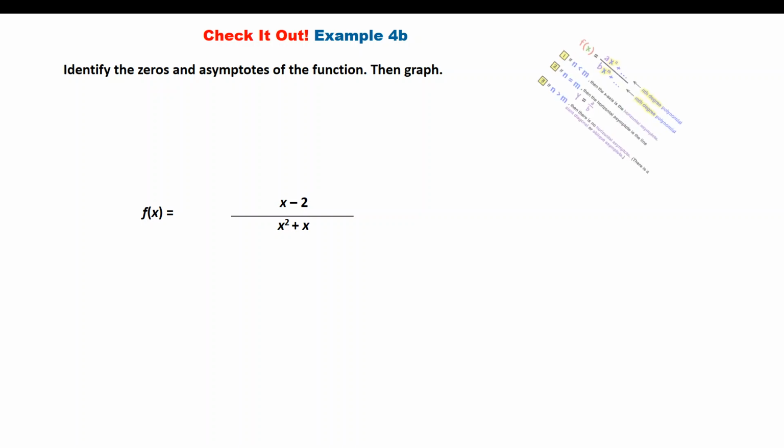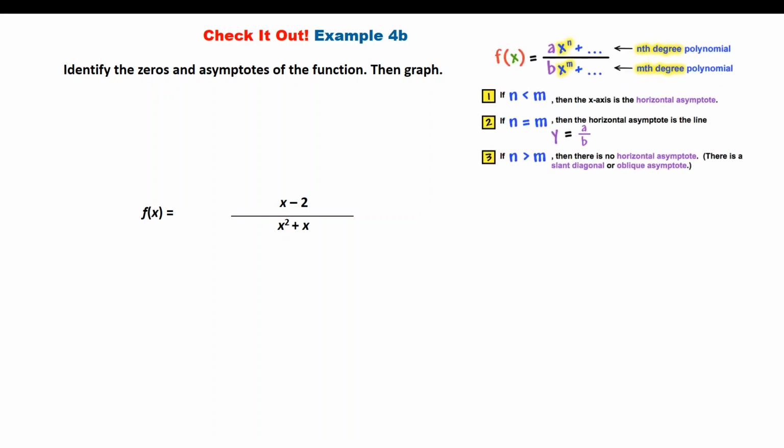So the first thing we have to do is, there's our handy chart, factor the denominator. And so we know that we can just factor an x out of that. So we have x minus 2 in the numerator, and x times x plus 1 in the denominator. So taking a look at the numerator, when x equals 2, the numerator is 0.